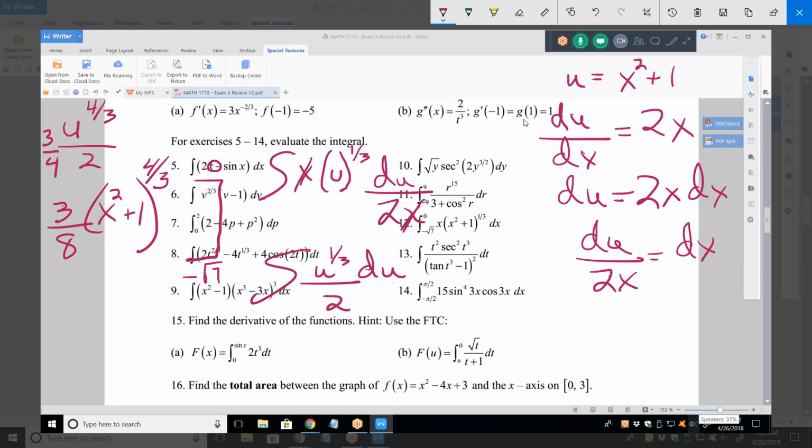In other words, I convert it to an integral in u so I can integrate it. Then I resubstitute and give my answer as an answer in x, and then I evaluate it in x at the original limits of integration. Okay?